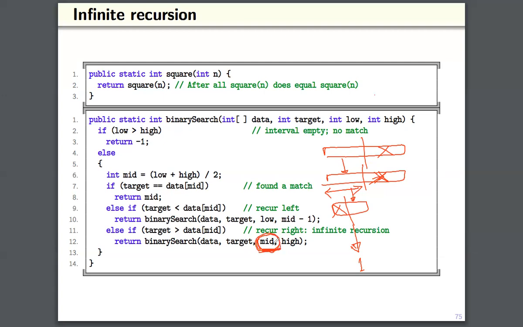You need to make sure that the subproblem size decreases by at least 1 element. If you cannot prove that, and the subproblem remains the same, then it can potentially lead to infinite recursion. Here it is infinite recursion. You missed just plus 1 here. Just 1 or 2 characters, and your program goes into infinite recursion. So you should be careful.